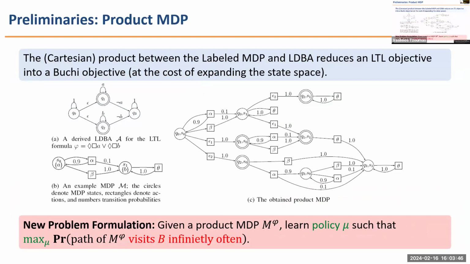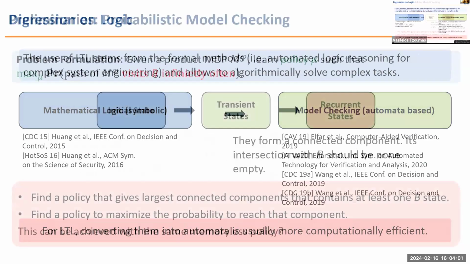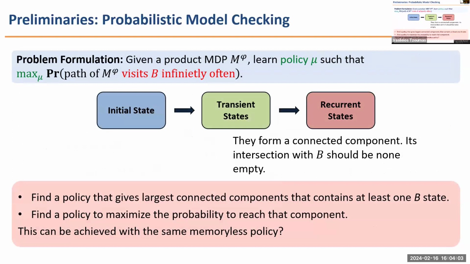So it is contained in some connected component, so you can keep on getting back, right? So that's why when you are looking for the policy, you try to use your policy to expand to achieve that, the largest connected component.